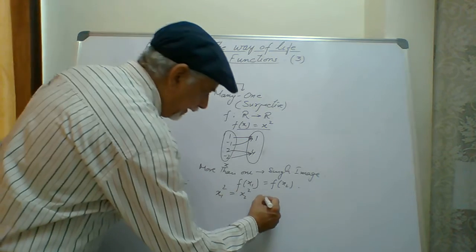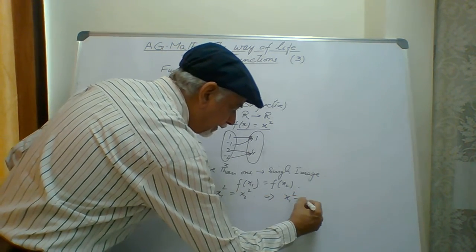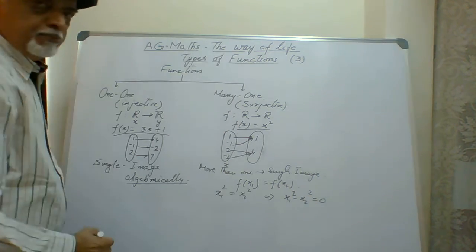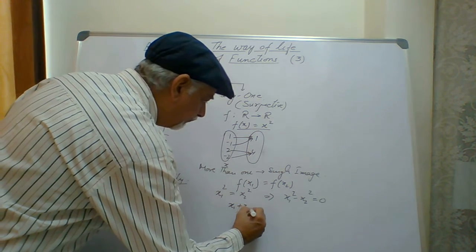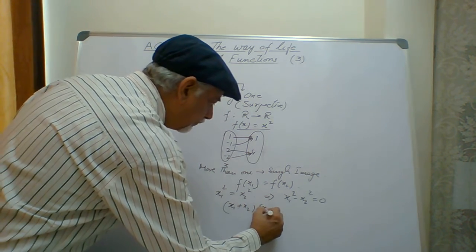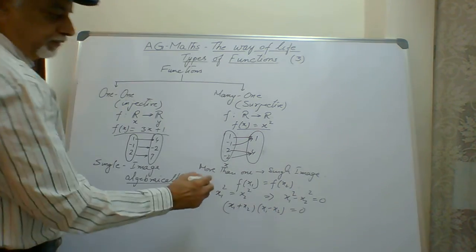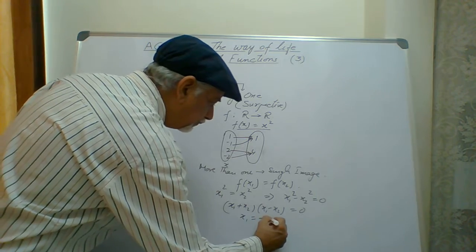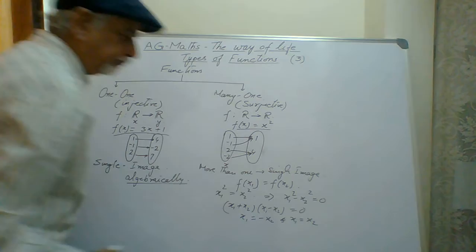So here we can write x1 squared minus x2 squared is equal to 0. Now it is a squared minus b squared form. So we write (x1 plus x2) multiplied with (x1 minus x2) is equal to 0, which gives me that x1 is equal to minus x2 and x1 is equal to plus x2.